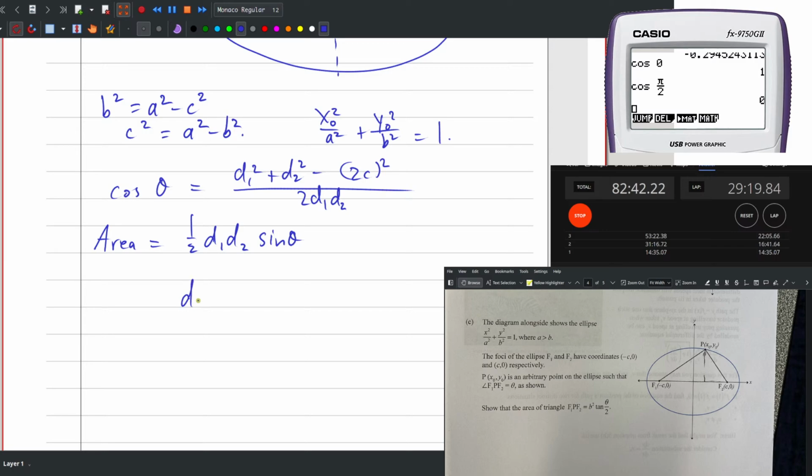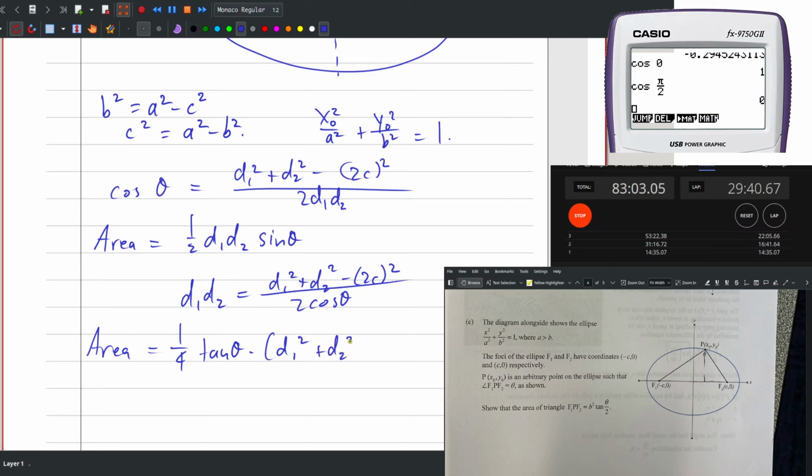So you get d1 d2 equals d1 squared plus d2 squared minus 2c squared over 2 cos theta, right? So area is a quarter tan theta times d1 squared plus d2 squared minus 2c squared.